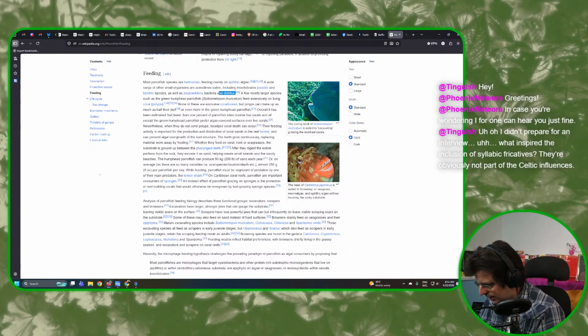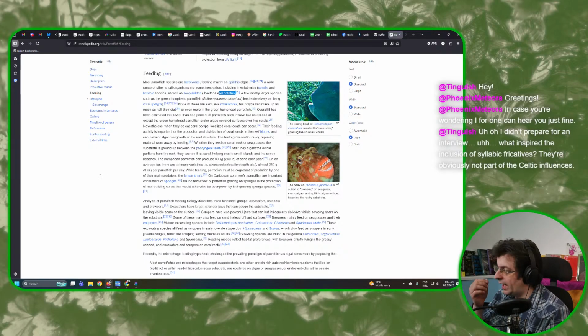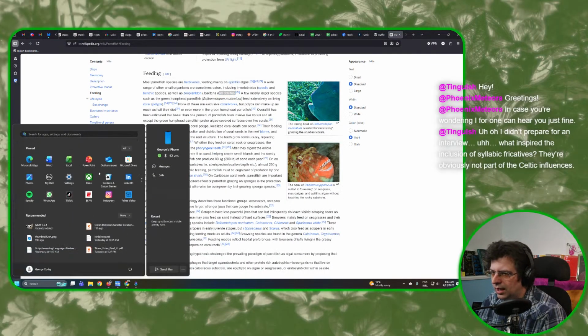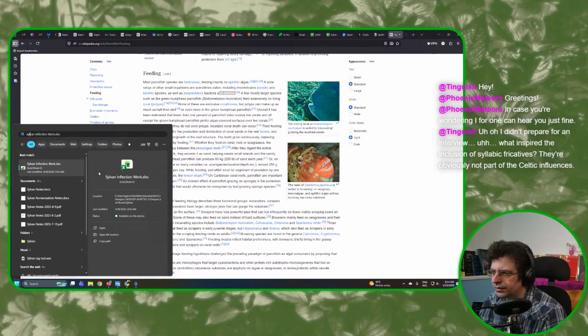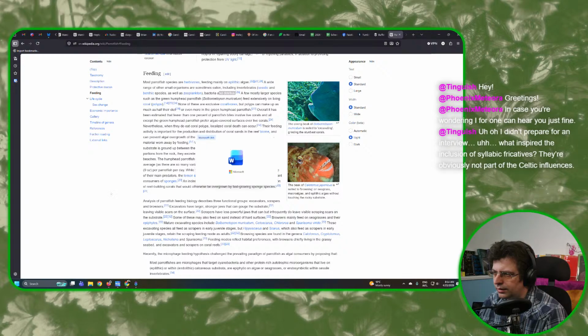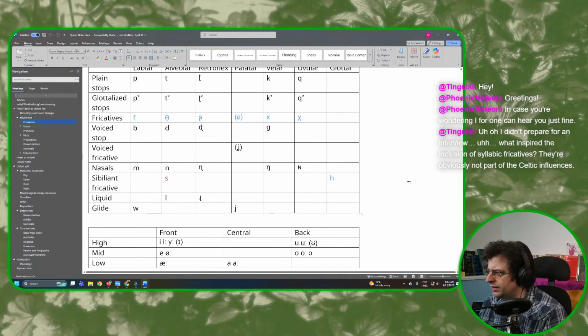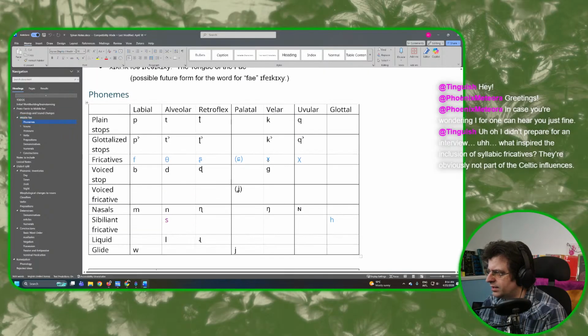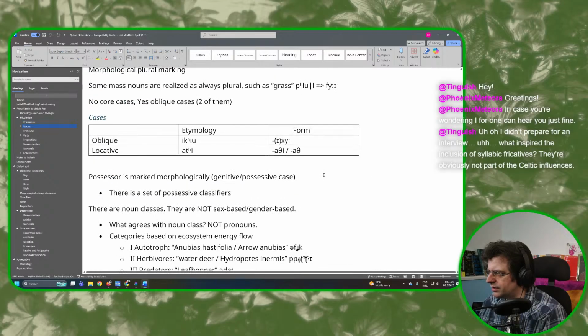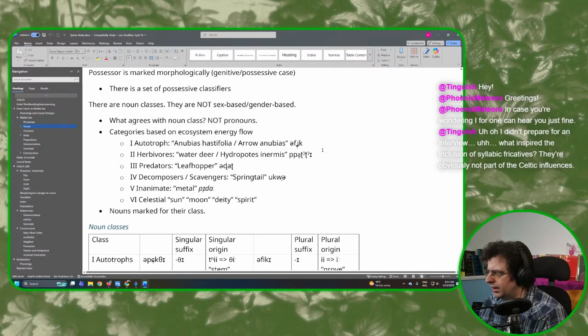So what you're talking about is in Middle Fey. Let me see, Sylvan notes. Let's see, Middle Fey, we get there. Is it even listed in the phonemes? So these sort of emerge as marginal.